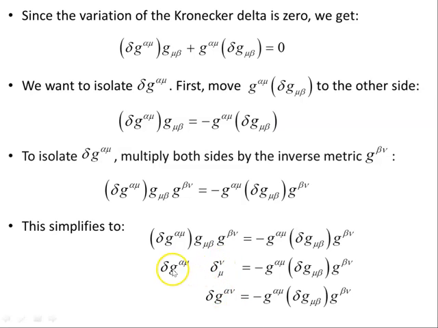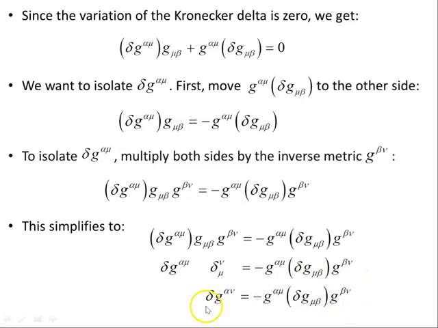But notice here, the variation of the inverse metric times the Kronecker delta means that with one index mu up and one index mu down, we're going to sum over those and they sum out, and then we're left with a nu. This nu here goes here, so we're left with the variation of G alpha nu instead of G alpha mu. The right-hand side hasn't changed.